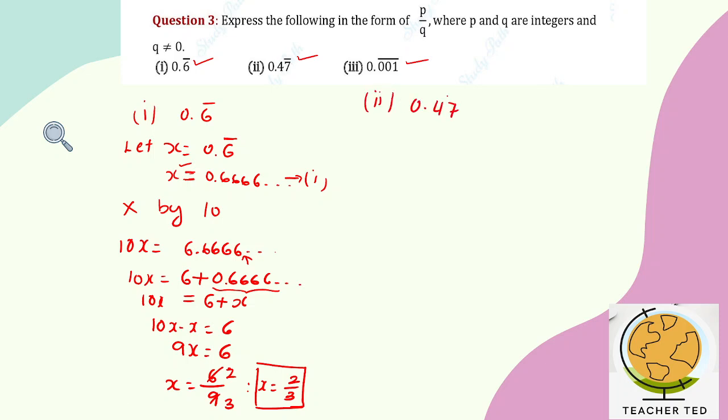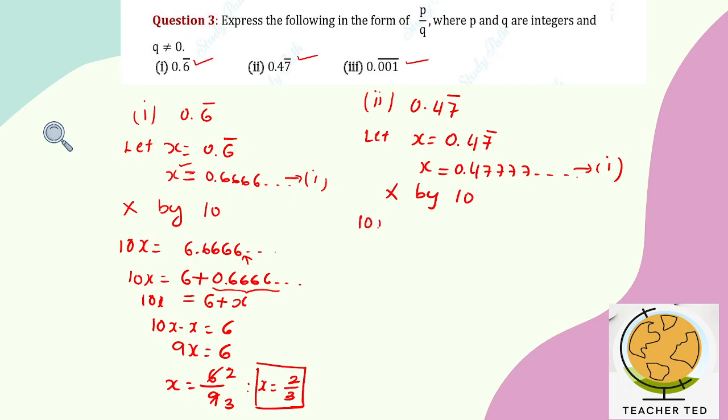0.47 bar. You observe here the bar is only over 7, not over 4. So carefully write: let x be equal to 0.47 bar, which is 0.47777 because 7 is repeating here, and call this equation number 1. Again here also multiply by 10 on both sides.